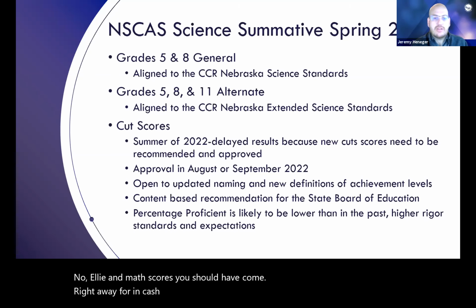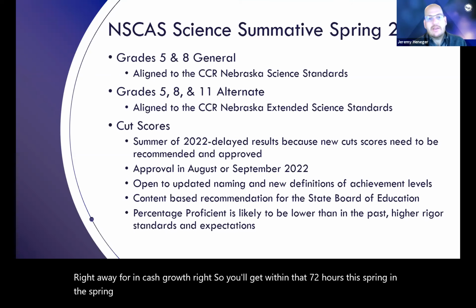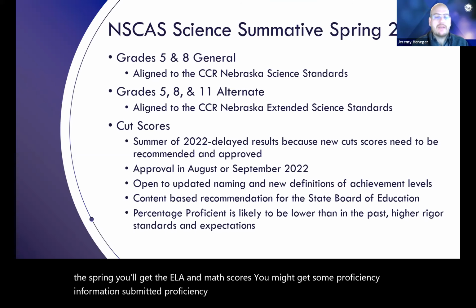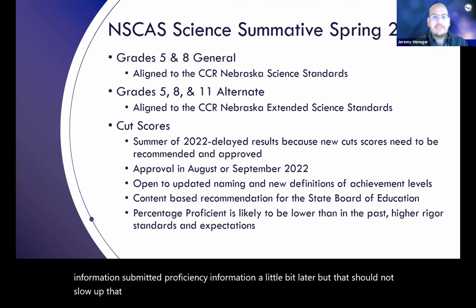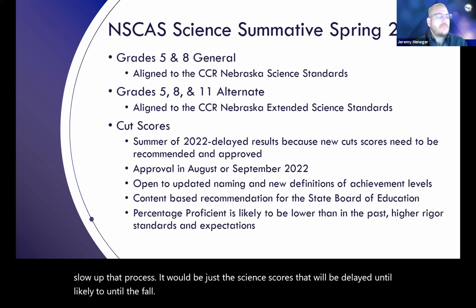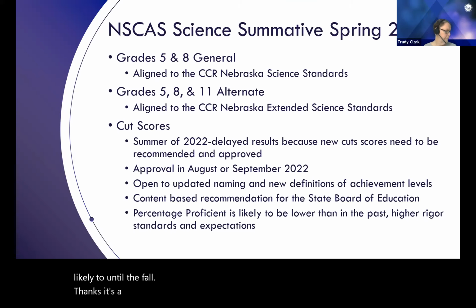So you'll get within that 72 hours in the spring the ELA and math scores. You might get some of the proficiency information a little bit later, but that should not slow up that process. It would be just the science scores that will be delayed until the fall. Thanks. That's a good question.